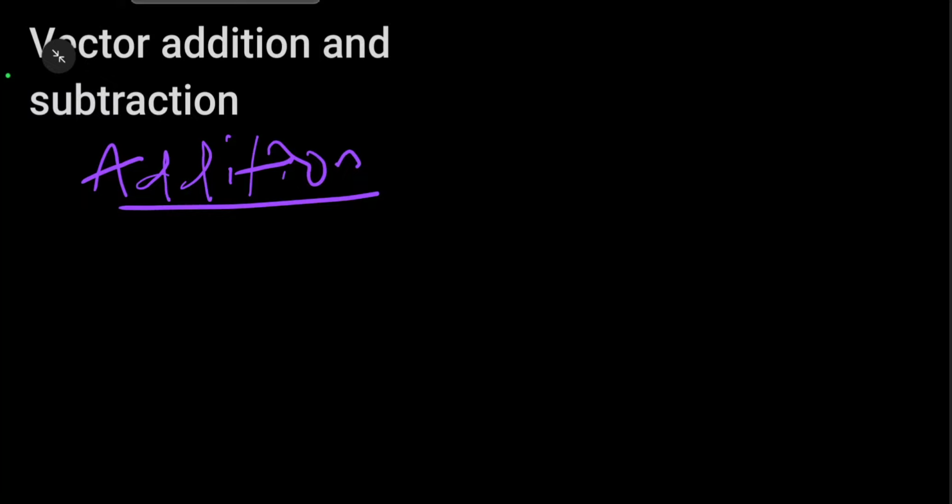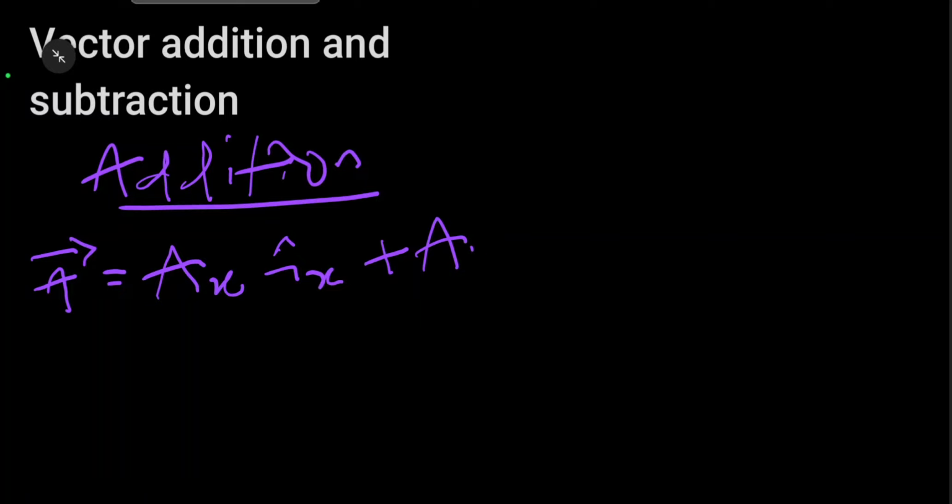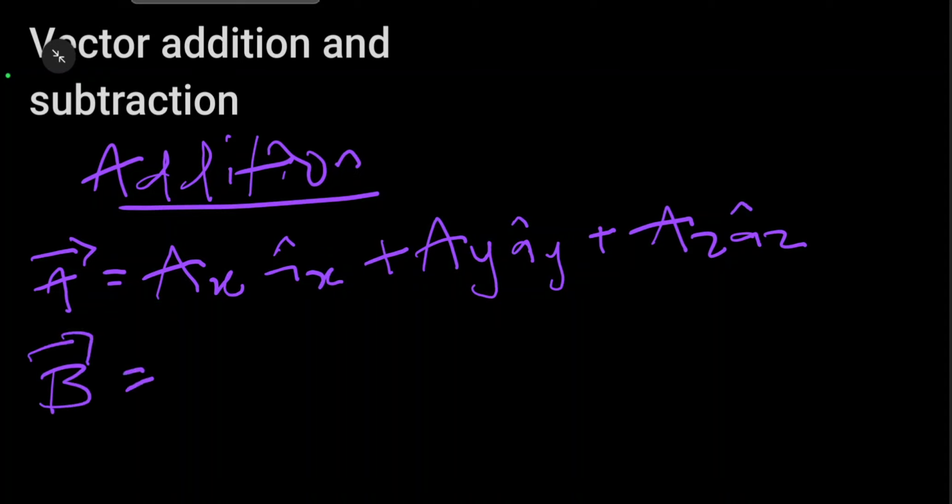What I mean here, let's say we have a vector. These are our components. And let's say we have a second vector, and we have this as the components of the second vector.